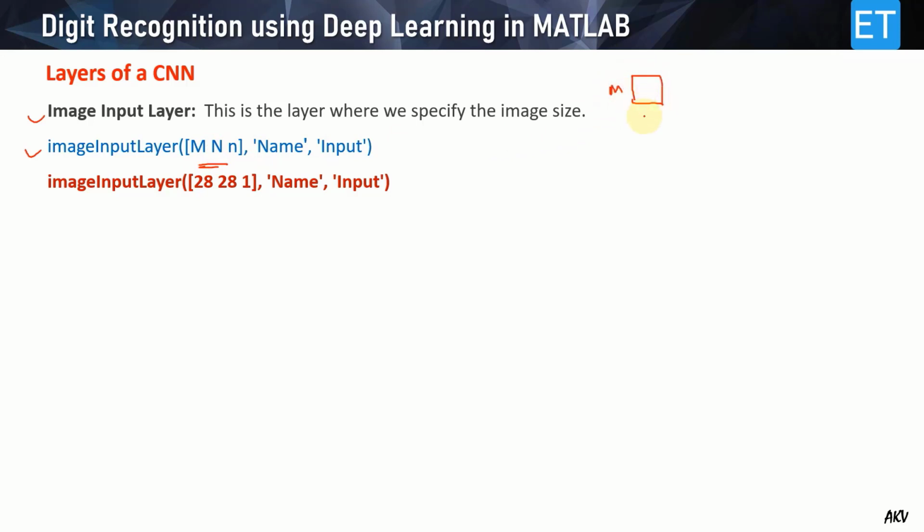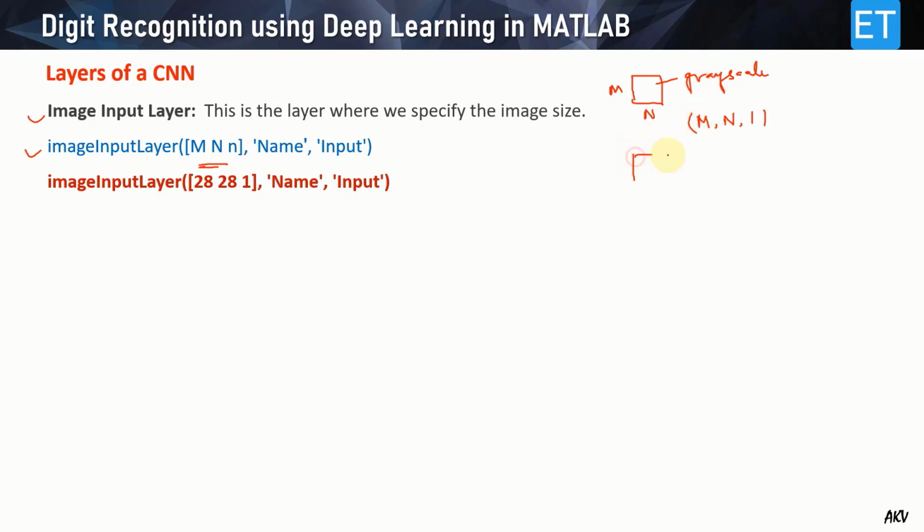So if your image is of size m by n, and it is, let's say, grayscale, then your specification will be like this: m comma n and then 1. 1 because for grayscale it has only a single layer.